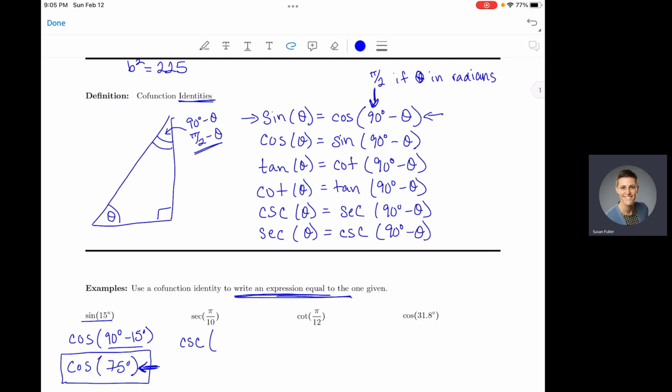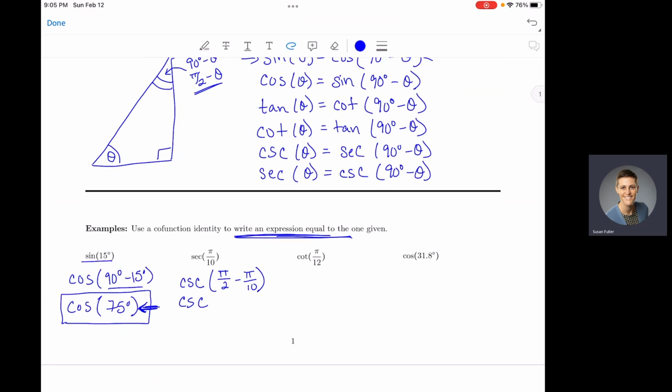Well, the answer to that is it's going to be the other angle in a right triangle. And again, the two non-right angles in a triangle have to add to 90 degrees, or pi over 2 radians. So the angle that we want is whatever is left over when I subtract pi over 10 from pi over 2. To do this, I'm going to get a common denominator.